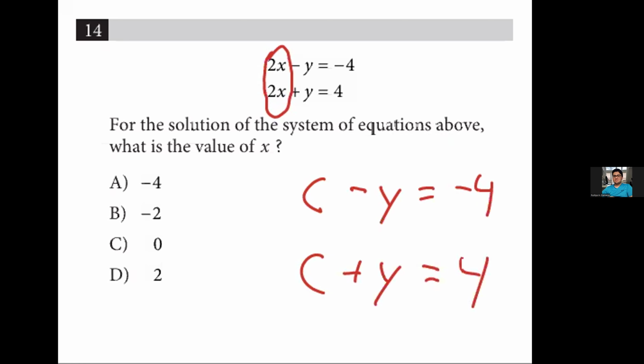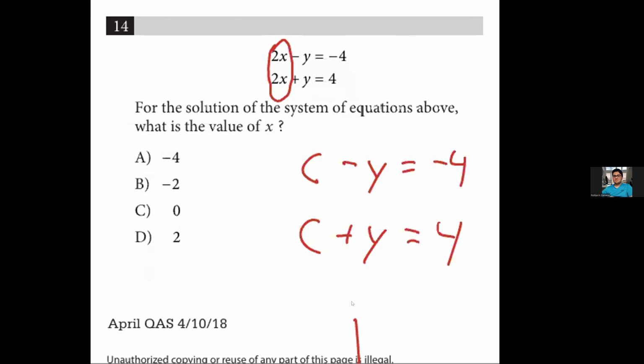In this case, we basically just replace the two x's with a c value. Then we have c minus y equals -4 and c plus y equals 4. Well, that means that we can assign y to equal 4 and c to equal 0.